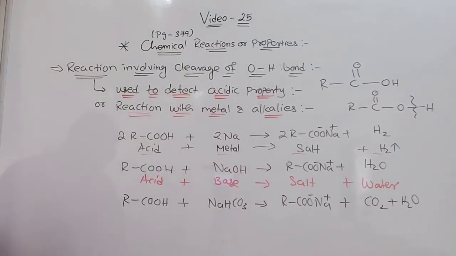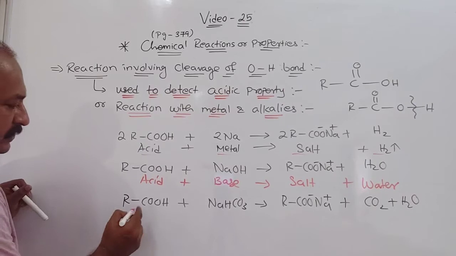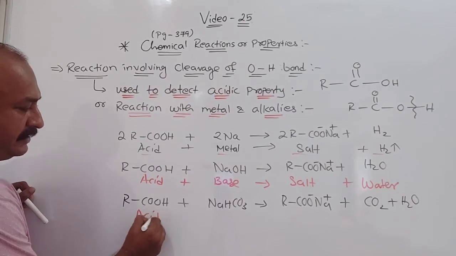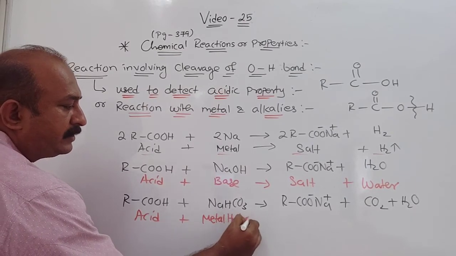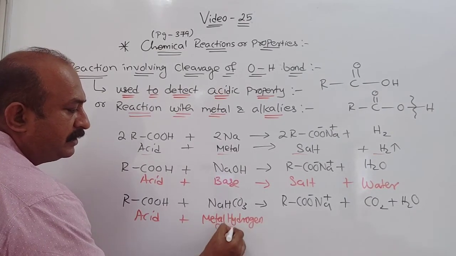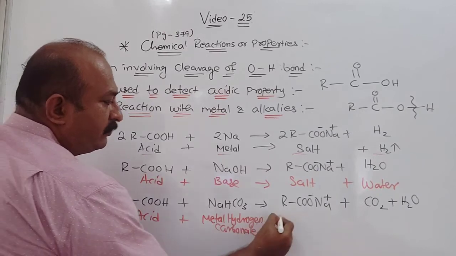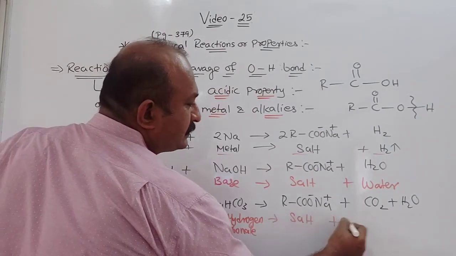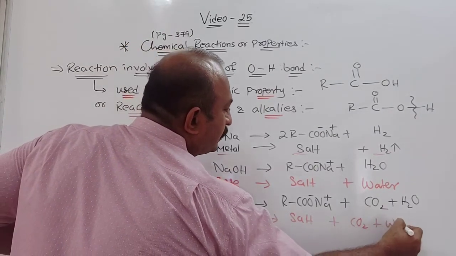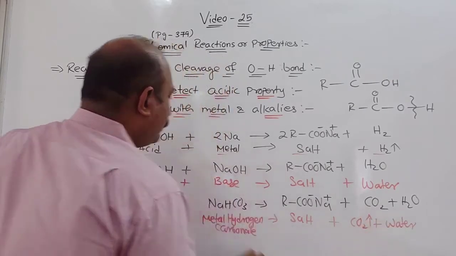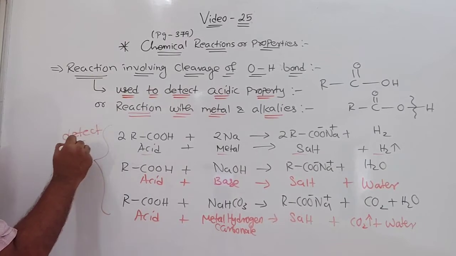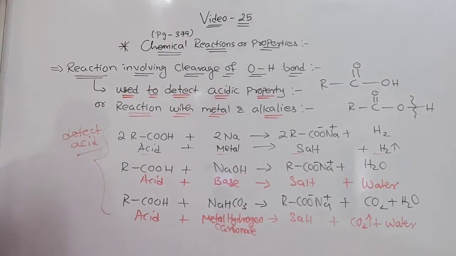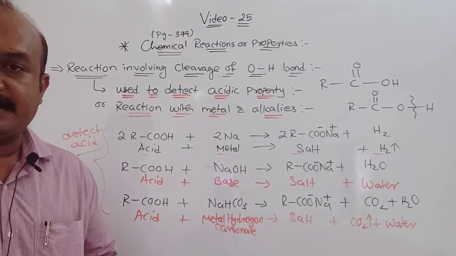In this case also, you can write: acid plus metal hydrogen carbonate will give you salt plus CO2 plus water. Understood? So these three tests can be used to detect that it is an acid. This is the test to distinguish that it is an acid.